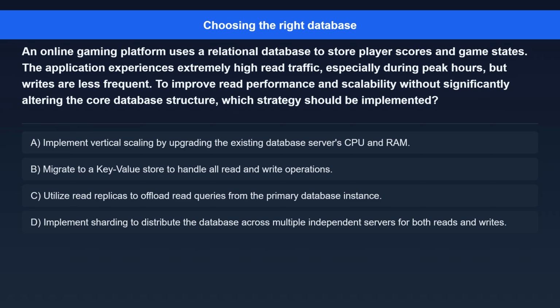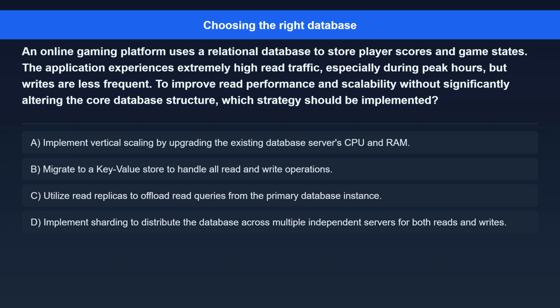Question 9. An online gaming platform uses a relational database to store player scores and game states. The application experiences extremely high read traffic, especially during peak hours, but writes are less frequent. To improve read performance and scalability without significantly altering the core database structure, which strategy should be implemented?